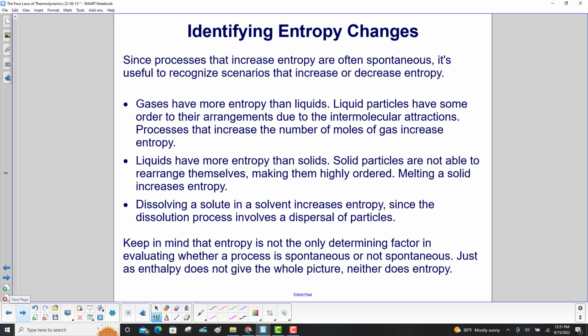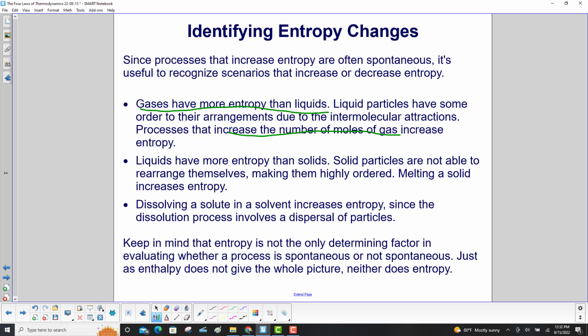Since processes that increase entropy are often spontaneous, it's useful to recognize scenarios that increase or decrease entropy. Gases have more entropy than liquids. Liquid particles have some order to their arrangements due to the intermolecular attractions. Processes that increase the number of moles of gas also increase entropy.